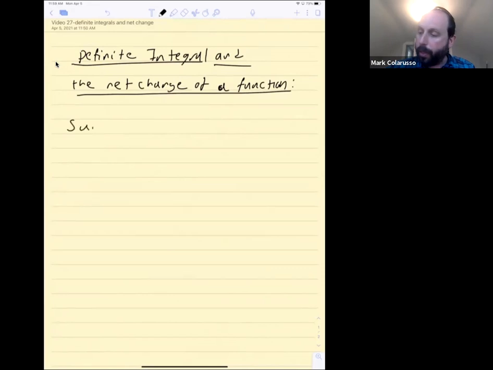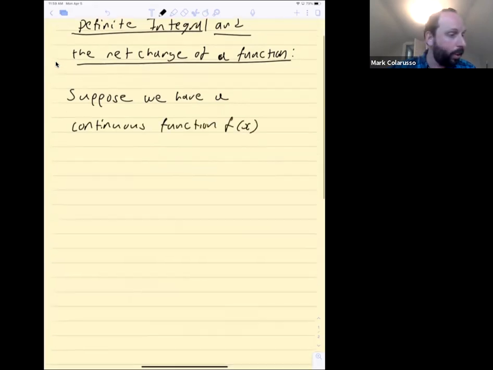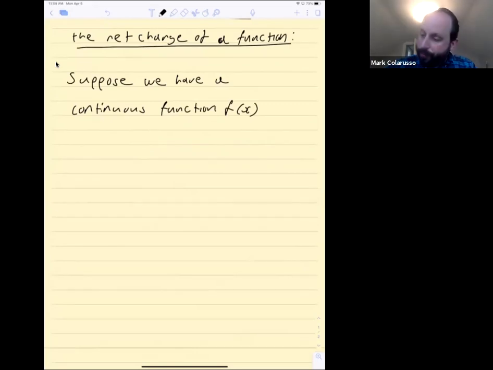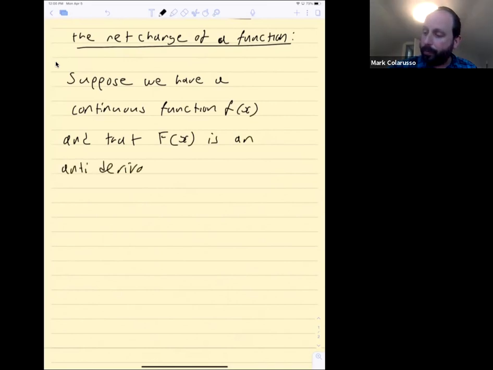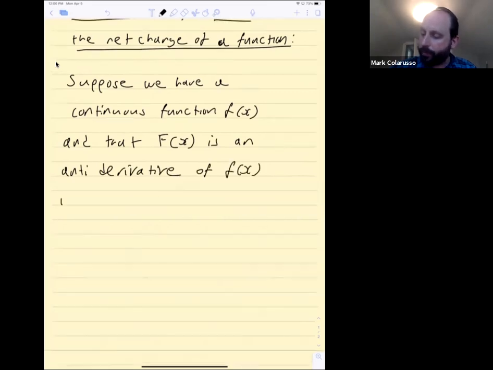Suppose we have a continuous function, little f of x, and that capital F of x is an antiderivative of little f of x, i.e. capital F prime of x is little f of x.